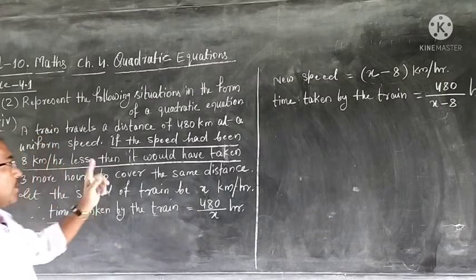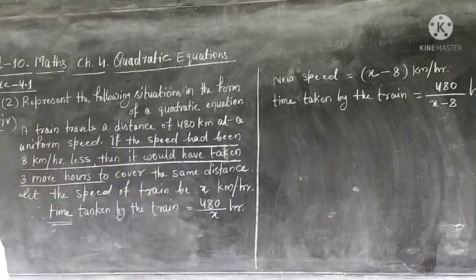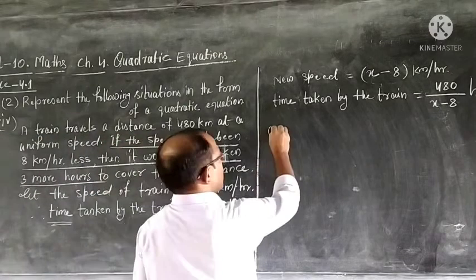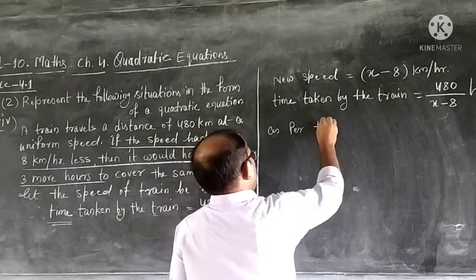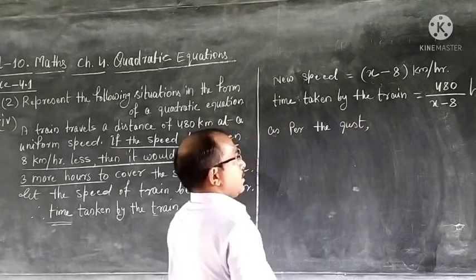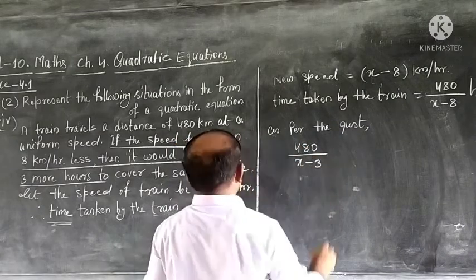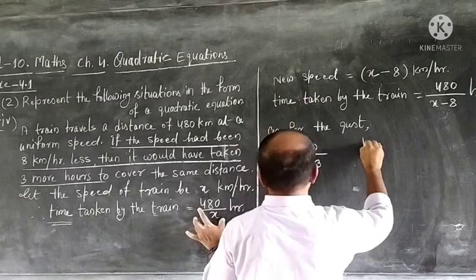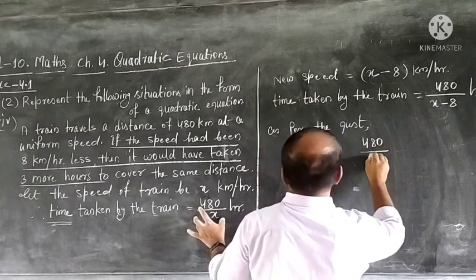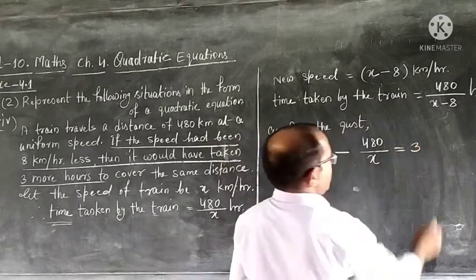And then the question is telling us it would have taken 3 more hours to cover the same distance. So, as per the question, when the train moved slowly, it took more time, and when it was moving faster, it took less time, and that difference is 3 hours.